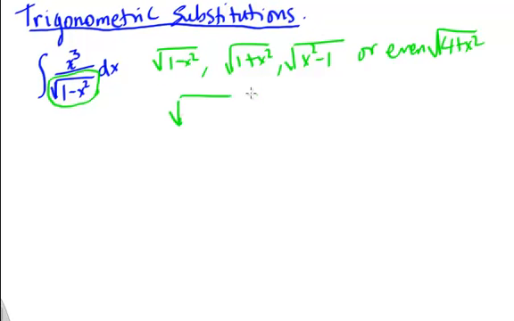Or in general, I have a squared, some positive number, plus or minus some positive number times x squared. Usually the square root, usually to the power of 1/3, 3/2 or 5/2, something of that kind. But we may not have that also, and we might still be using the trig substitution.